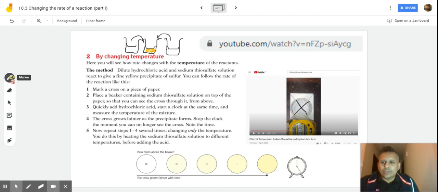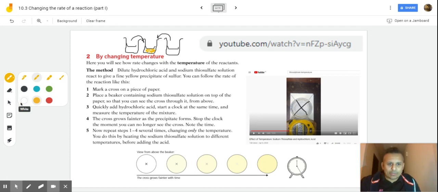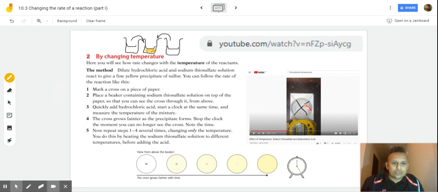Okay, so what we can do is utilize that by drawing a cross on a white background and putting it underneath our reacting solutions. Once the reacting solutions get to a certain stage, the reaction takes place. Slowly but surely, you form this yellow sulfur, and after a certain amount of time, it just clouds over.